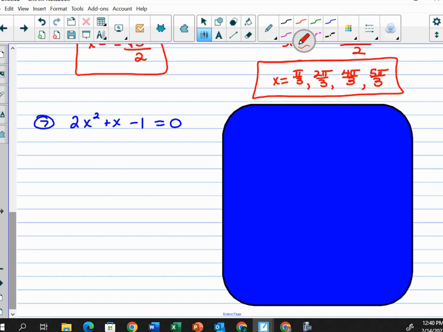All right, so I like to guess and check on one like this because the numbers are all really small. I know the only way I get 2x squared is with a 2x and an x. To get -1, I need a -1 and a +1. I just have to figure out where they go. Guess and check means then I'm multiplying it out in my head. That's the check part of it, okay?